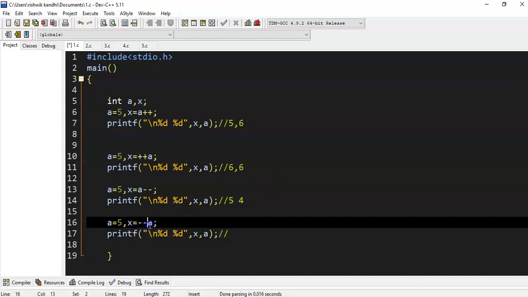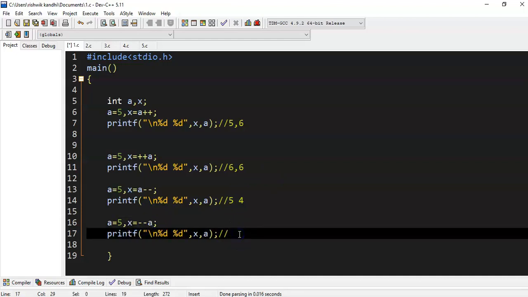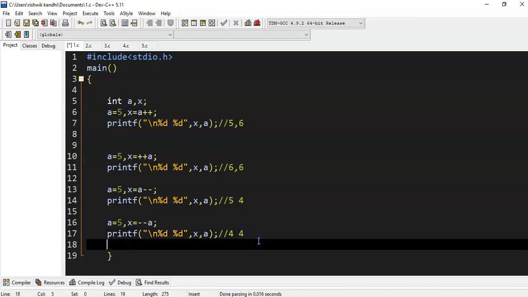Similarly, for the pre-decrement operator, x value will be modified, and --a will also return the modified value. Also a value gets modified.